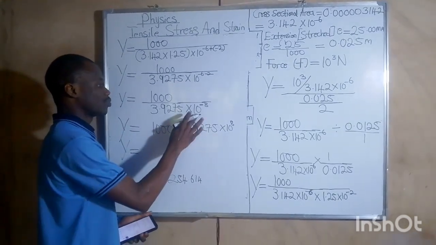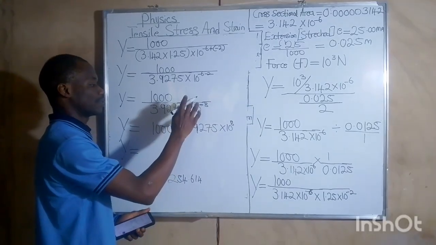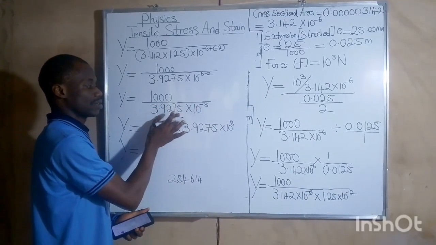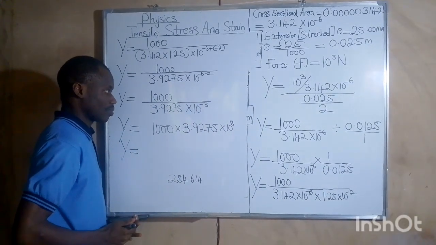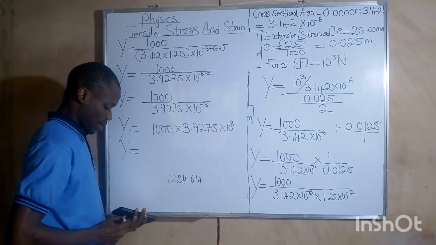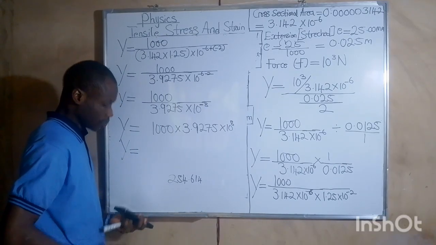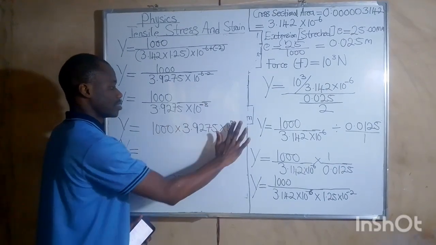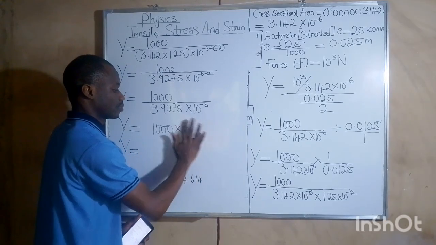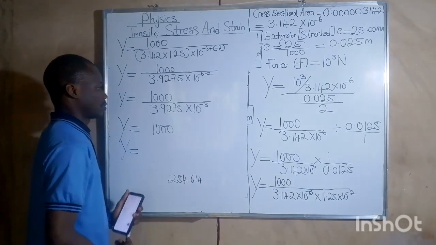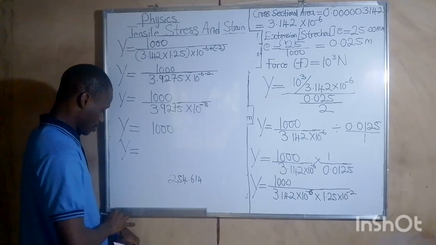What we're going to do is take 10 upwards and leave this one downwards, so that the other one will divide itself. So we're going to clean this and take this way.